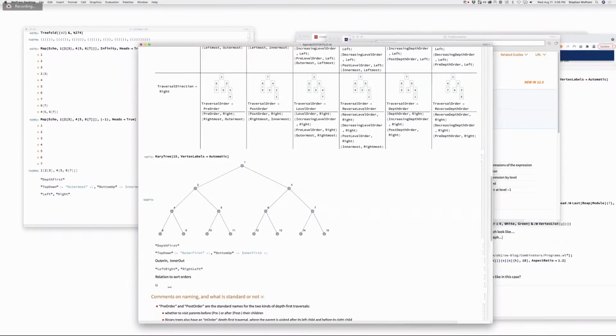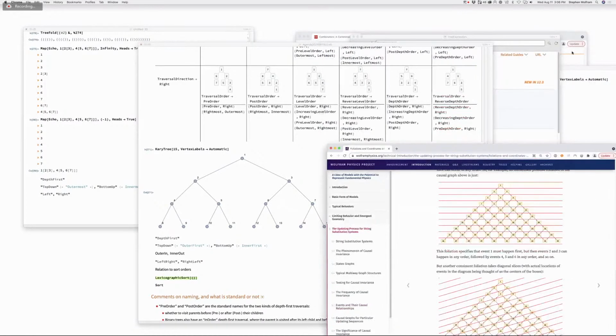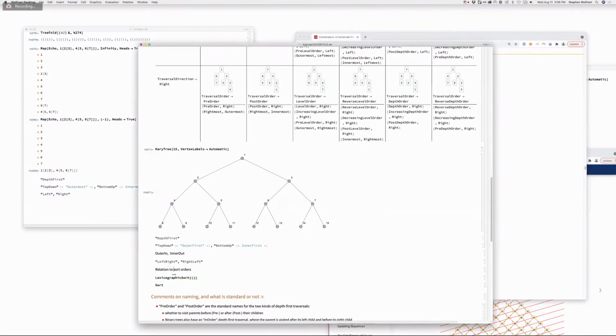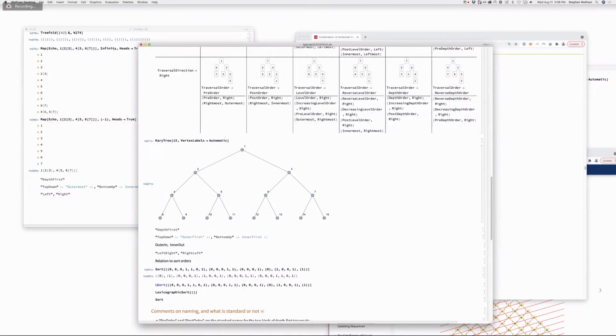When we do lexicographic sort versus sort, that affects my examples. I have this thing here that has a sort order. Now I do lexicographic sort of that, and I get a different order.